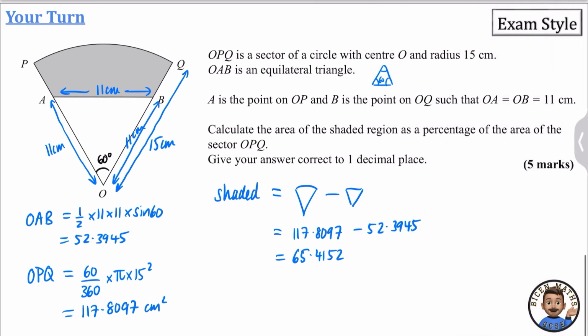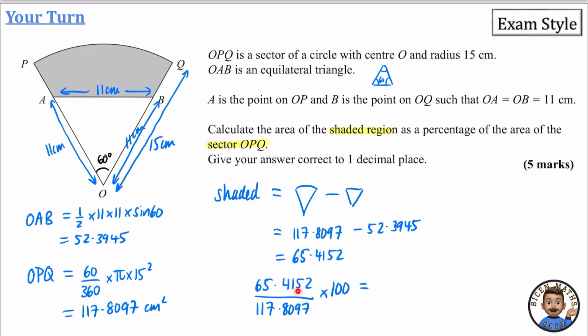And now we just need to answer the question because we've got enough information. It says calculate the area of the shaded region as a percentage of the sector. So for our calculation, I'm going to do the shaded region out of the sector. The sector one was this, which is 117.8097, and we'll make it become a percentage by timesing it by 100.